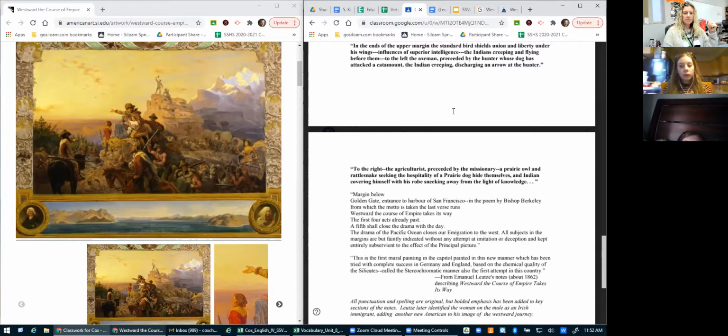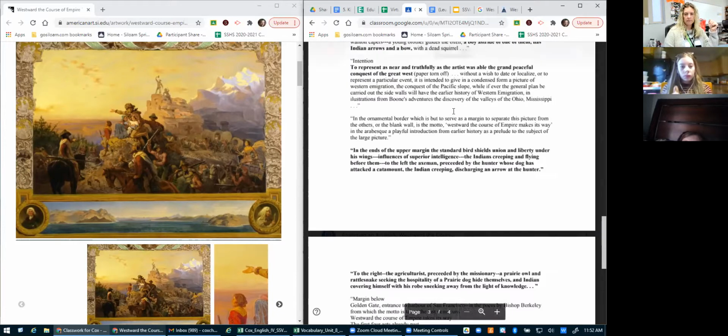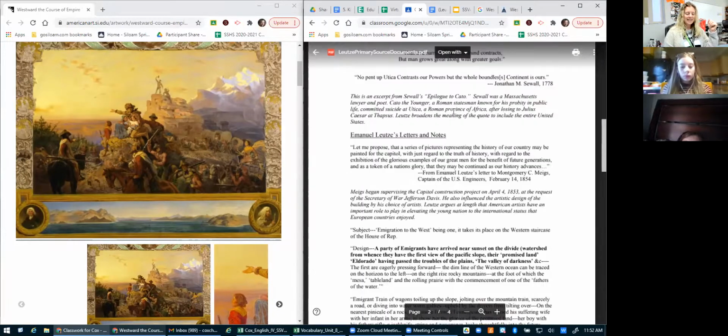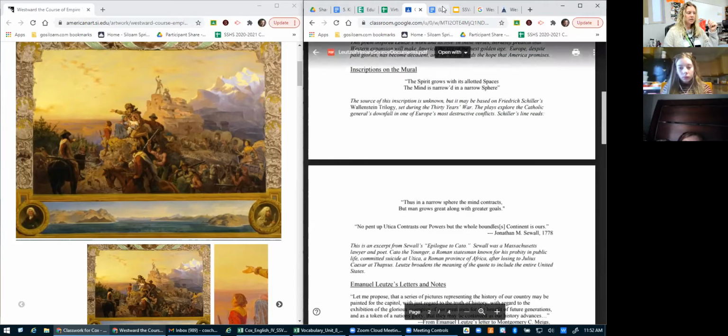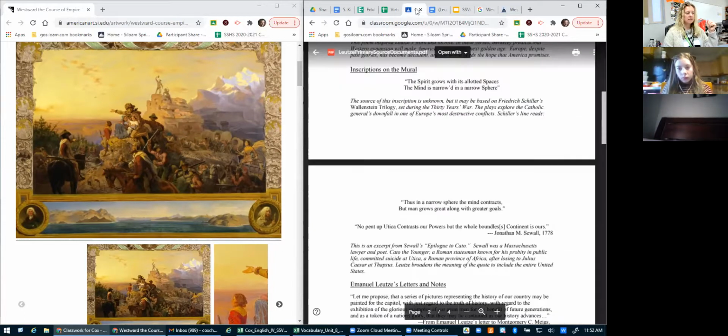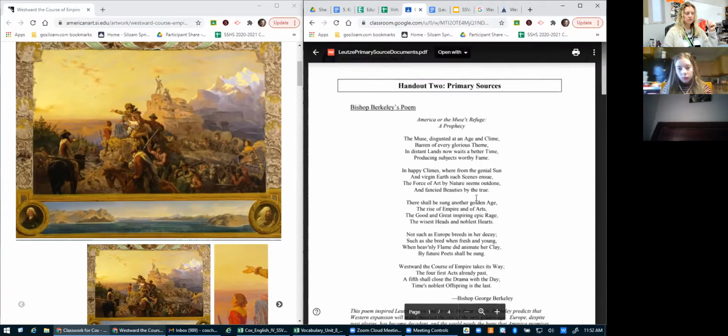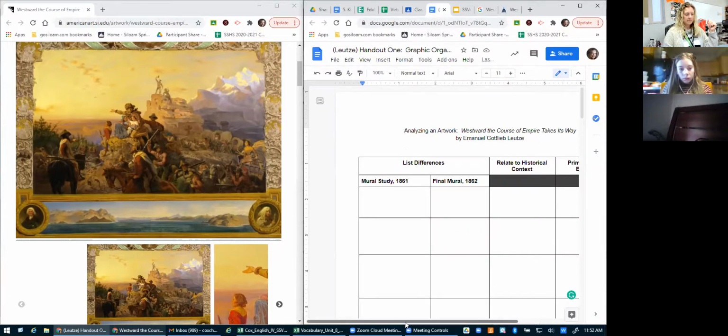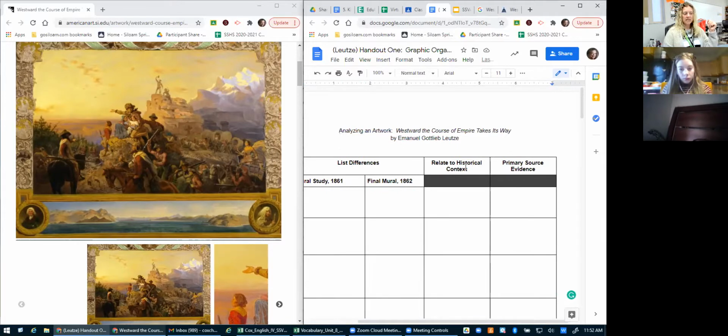So everything that was the same or different on this painting, it's pretty much in this document somewhere, okay? The idea is that you are going to take that and you're going to explain, using this primary source, how it relates to historical context, okay?